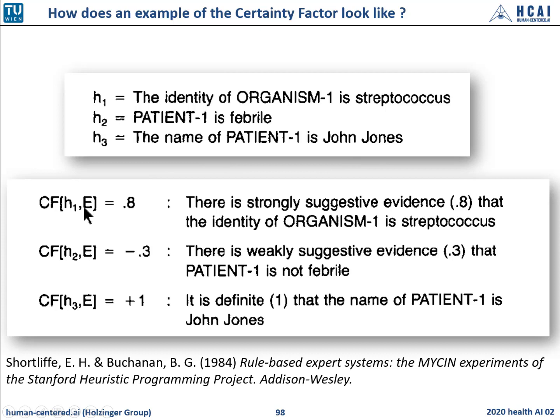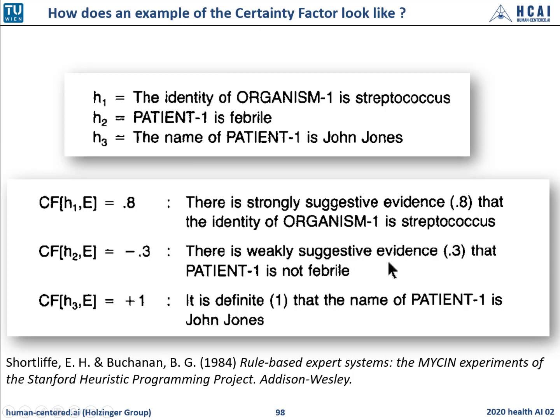And now we have the certainty factors out as outcome of the machine, of the Mycin. So the certainty factor for hypothesis 1, given the evidence, is 0.8. So that means that there is strongly suggestive evidence that the identity of organism 1 is Streptococcus. And then we have the certainty factor of hypothesis 2, given the evidence, that is minus 0.3.